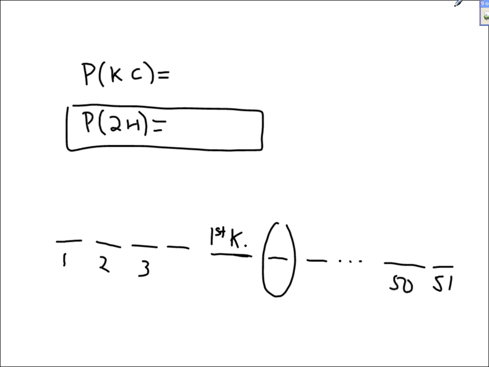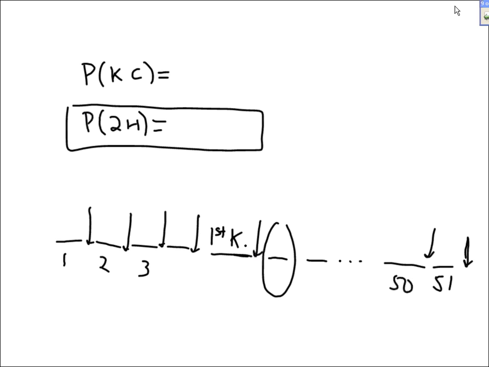Now, we are going to put the two of hearts somewhere in this deck. We could put it after the first card, or after the second card, or after the third card, or after the fourth card, or after the fifth card, all the way up to after the 50th card, or after the 51st card.